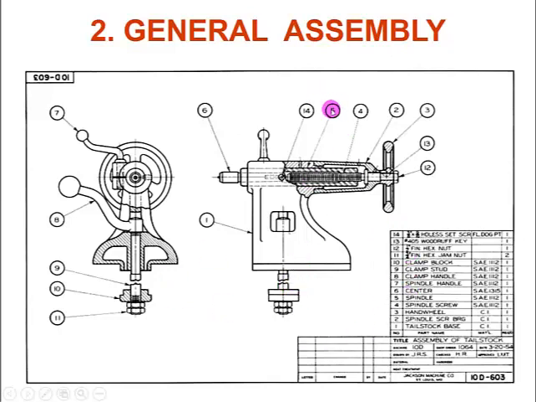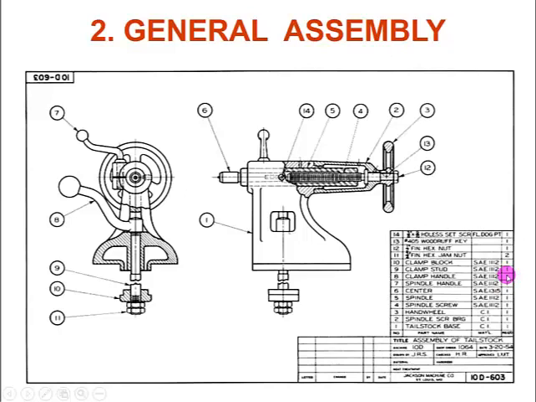Okay, you have to put the number of the part. This is number 1. Number 1 is the tailstock bed. The material is cast iron, and the requirement is just one piece. Number 8 is the clamp handle. This is the material and this is the number of pieces, just one piece.